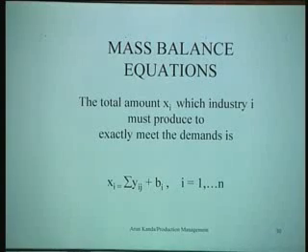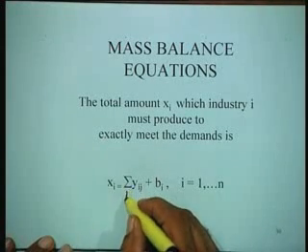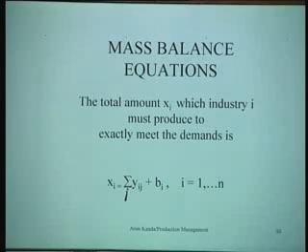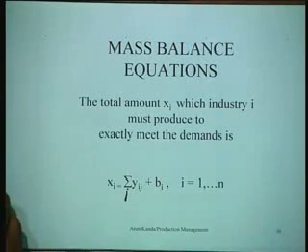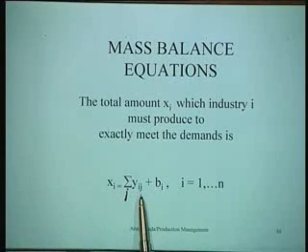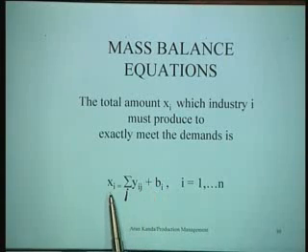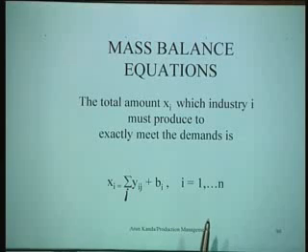For instance, this should be J here. The total amount flowing from I to all other industries plus Bi should be equal to the production for that industry. It's a simple mass balance equation. This is like, in electrical engineering, something like Kirchhoff's current law.